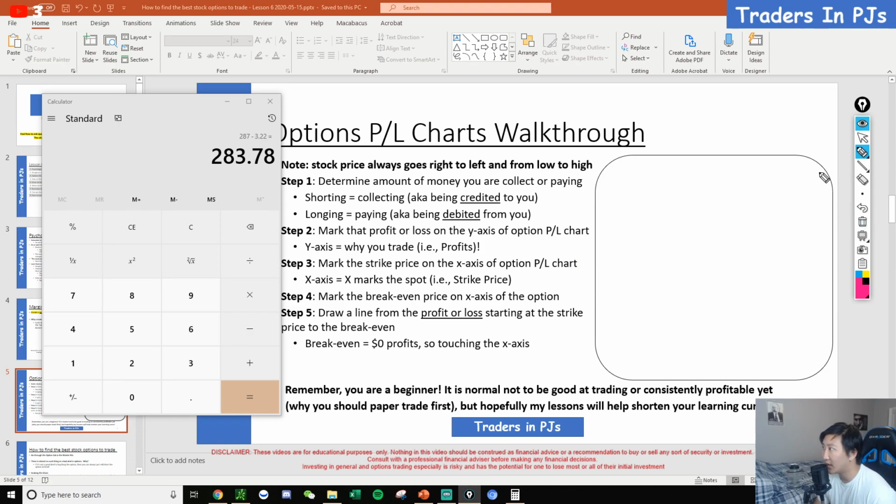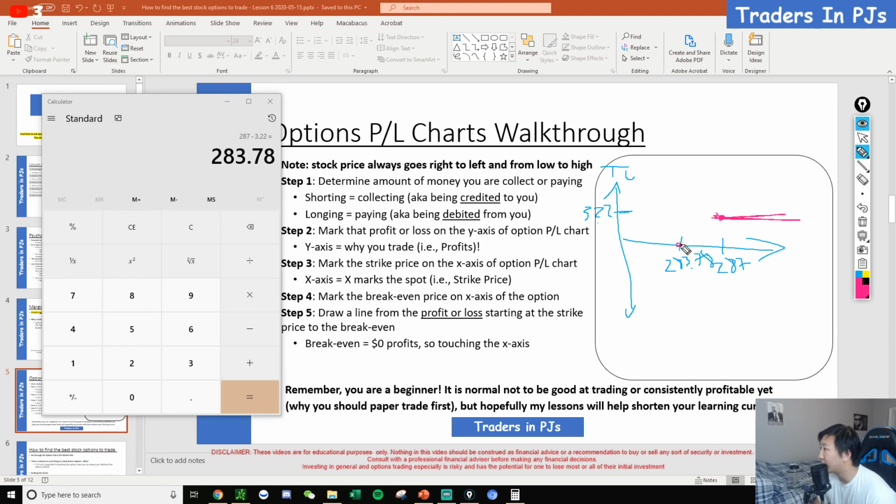Now let's do selling a put option real quick. Boom, boom. You collect 3.22. The strike price is 287. The break even is 283.78. You put a little dot here. The max you can make is the initial collection credit, which we'll talk about in the next lesson, credits and debits, but the amount of money you collected at the start.